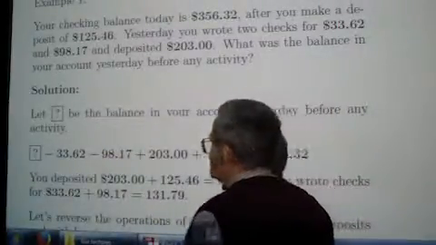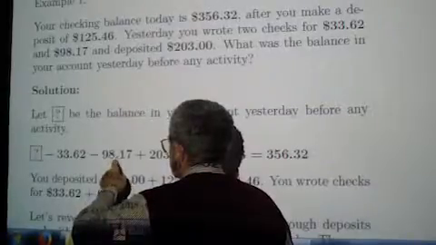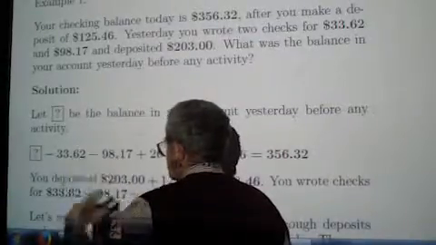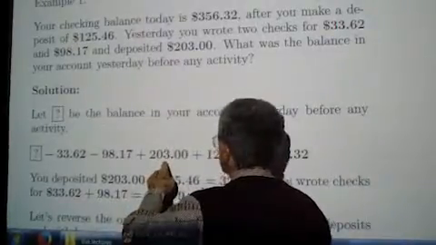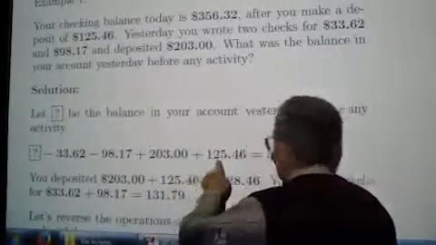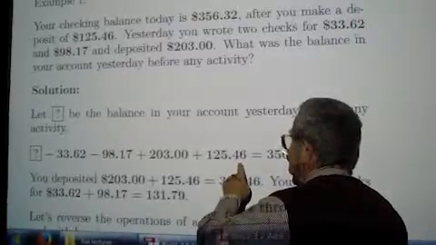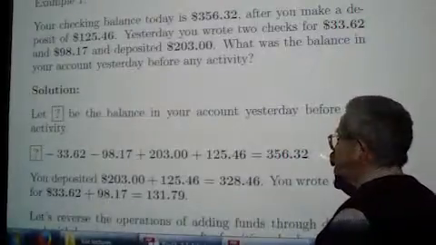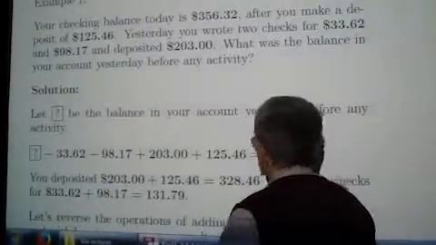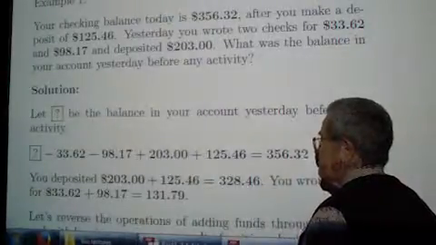From that balance, you subtracted $33.62 and you also subtracted $98.17 because you wrote checks that were withdrawn. You made a deposit of $203, and today you also made a deposit of $125.46. So this is what is left today after all this activity.